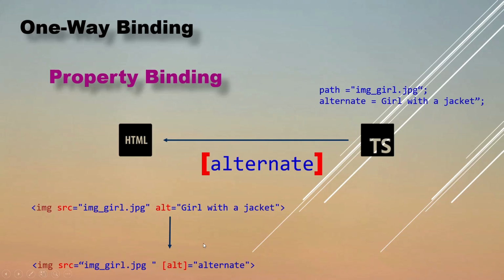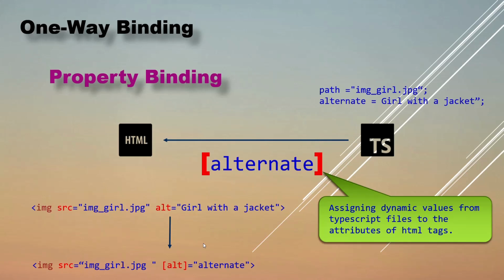Now we'll move forward. We have learned interpolation and property binding. Now we'll learn how we can transfer data from HTML to TS, which is called event binding.